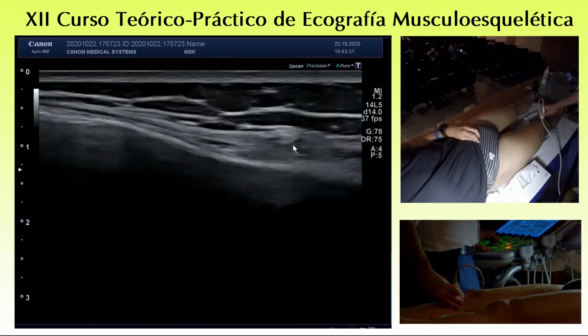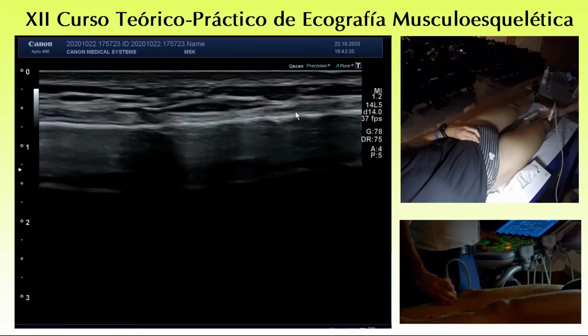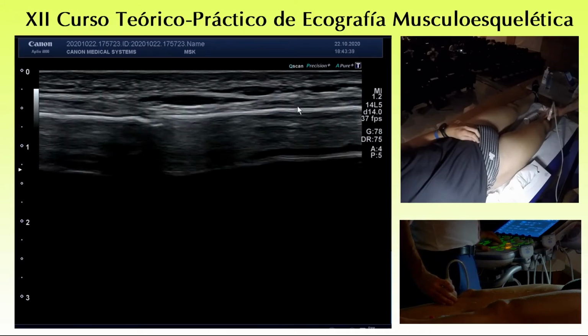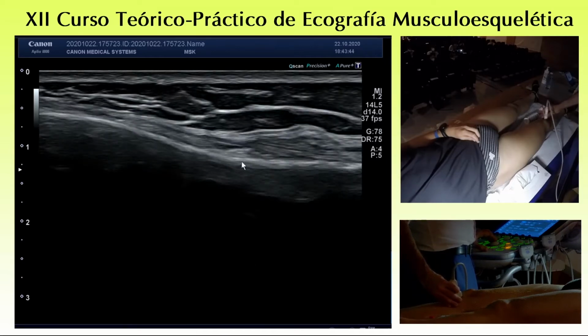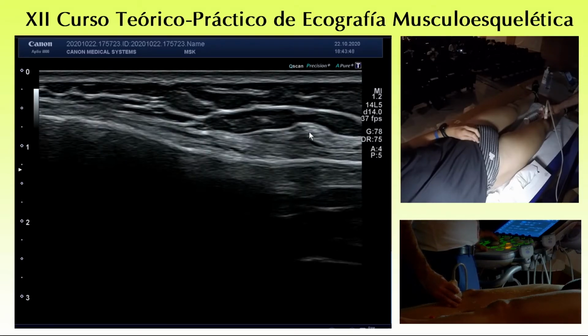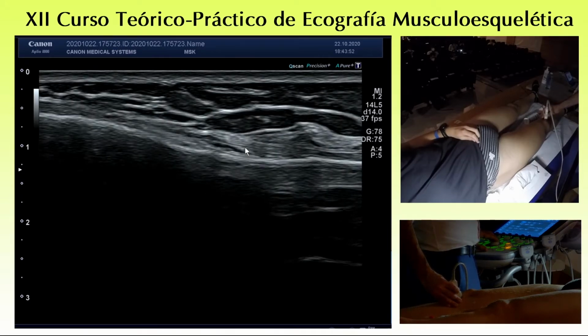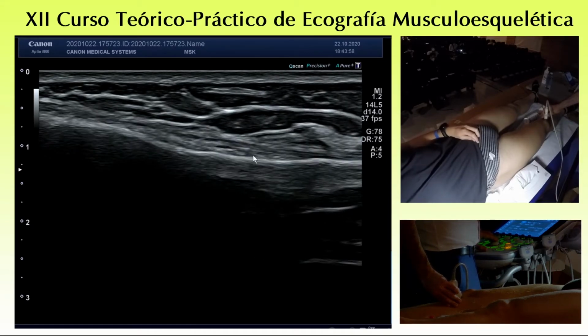This is the pes anserinus tendon that goes to insert on the periosteum of the tibia. So just go up, cranial to the pes anserinus, underneath the superficial component of the medial collateral ligament. You have the inferomedial genicular nerve and vessel.